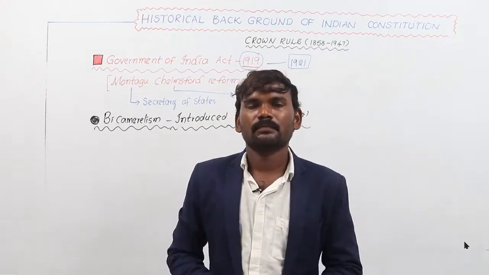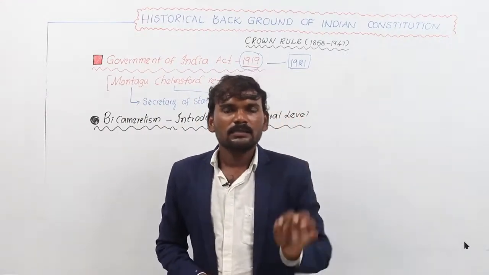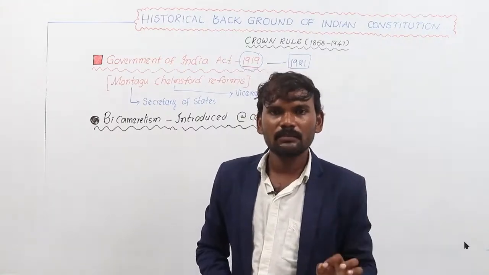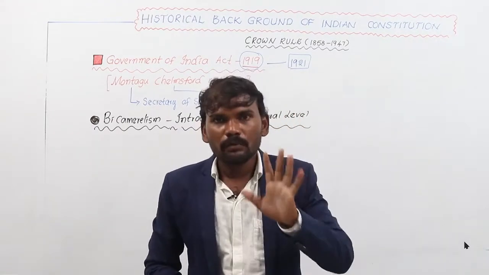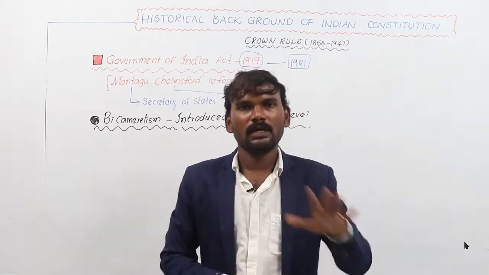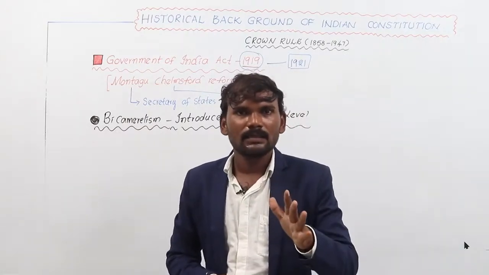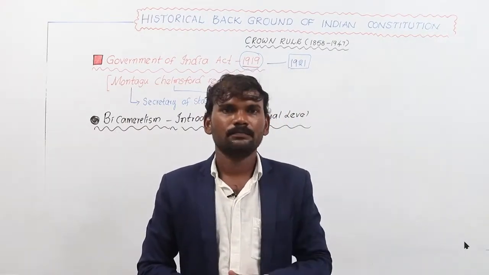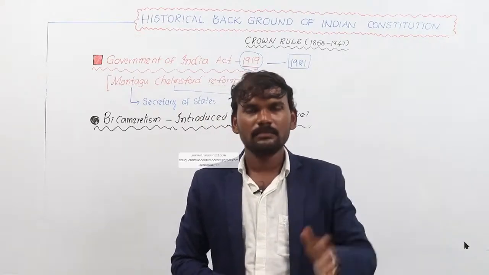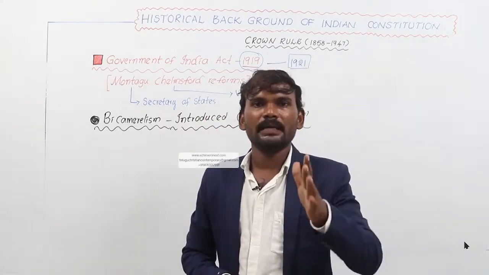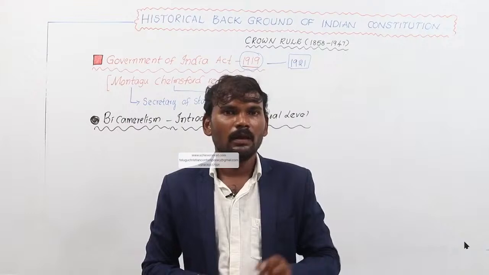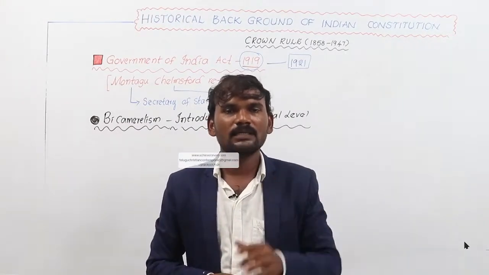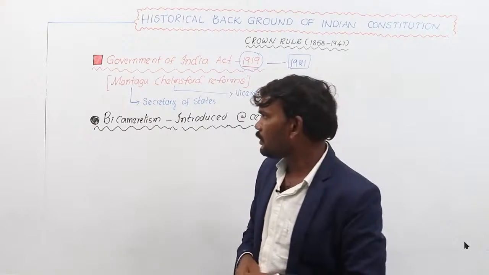Bicameralism means a legislative system consisting of two houses, an upper house and a lower house. Having two houses in a legislature system is called bicameralism. Once again I repeat, having two houses, upper house and lower house, in a legislature system is called bicameralism.